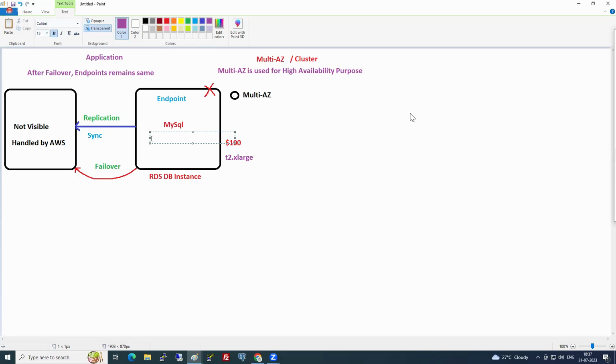No. Because whatever is happening inside your DB instance is our responsibility. Is AWS responsible for what is happening inside the machine? So for all DB level operations, do we have any failover? No. But if something is wrong with the network in the backend, if you're not able to connect to the machine, or if something went wrong with the whole DB instance, then failover will happen.